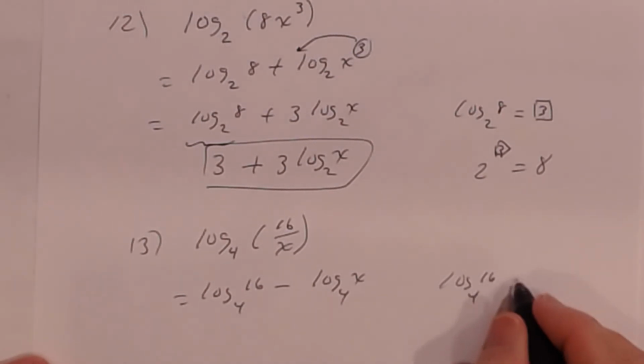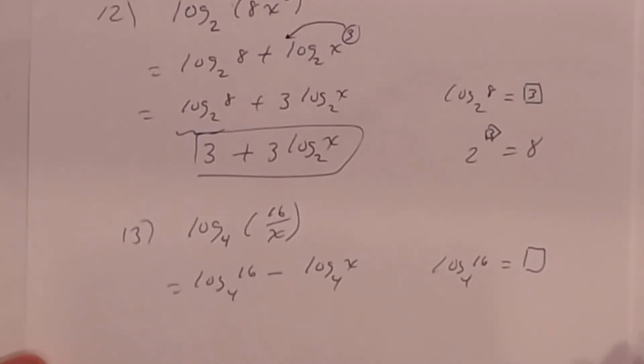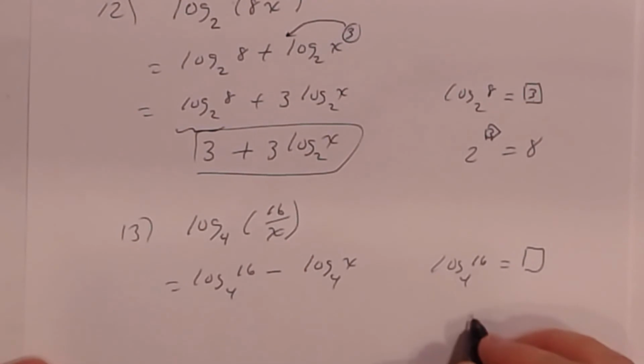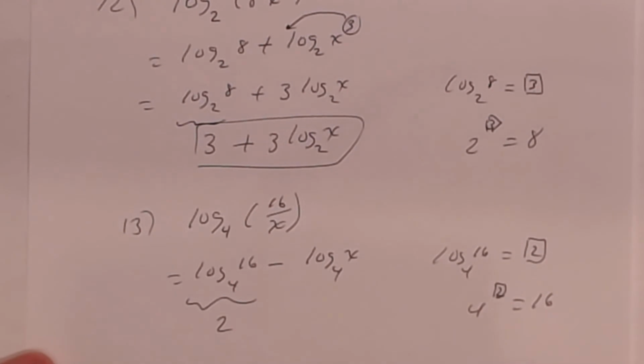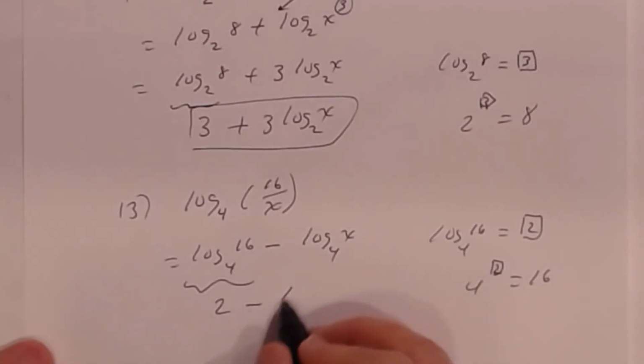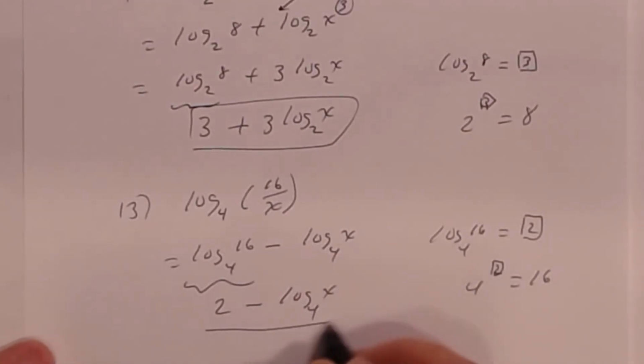You all know what that is. That's easy to figure out. 4 to what power is 16? 4 to the second power is 16. So that's 2. So this becomes 2 minus the log of x base 4.